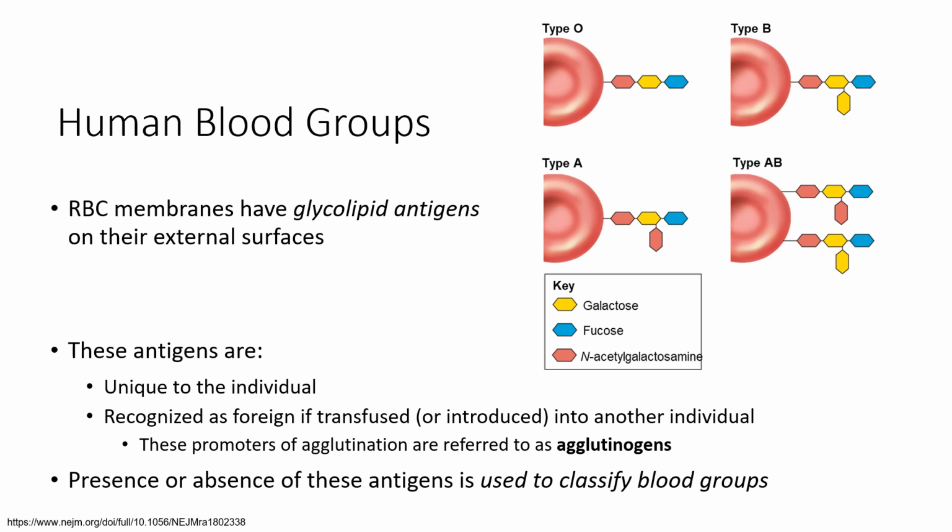Remember what ogen means, meaning that they're inactive. But once they're activated, such as when they're being recognized as being foreign in someone else's body, they're going to promote clotting of those red blood cells. The presence or absence of these different antigens is the basis of blood typing.